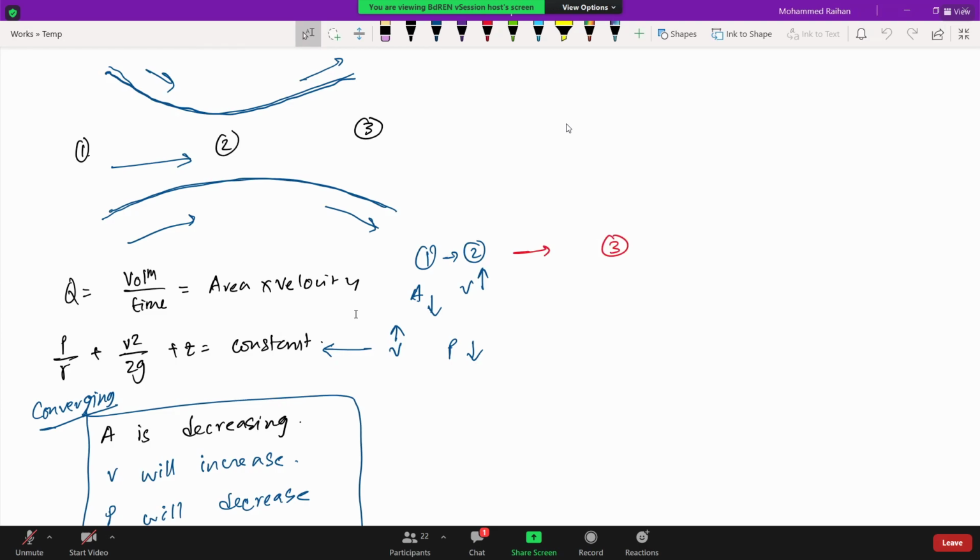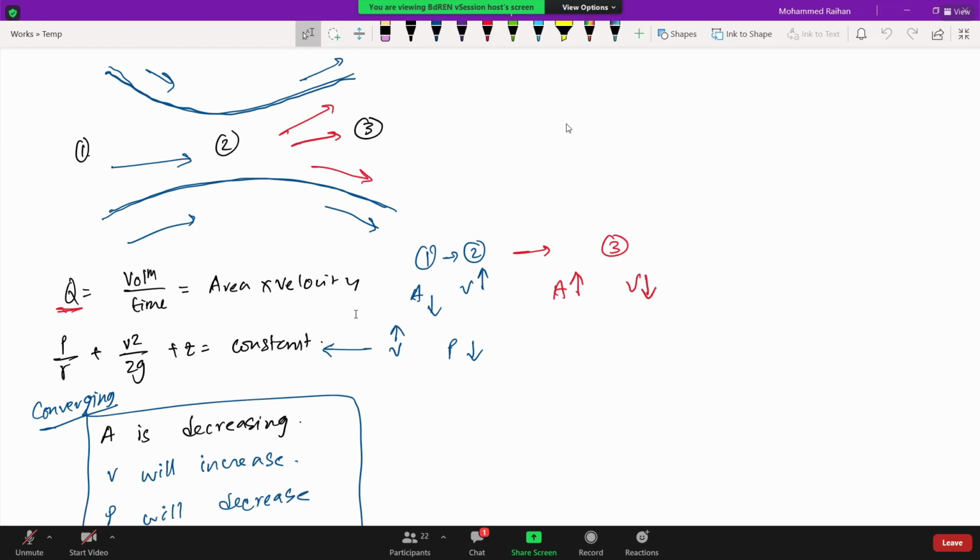Increasing. Area is increasing. As the area is increasing, to keep the flow rate or the mass flow rate constant, what will happen to the velocity? Velocity will decrease. Yes. If it is going through an expansion, the velocity will decrease.